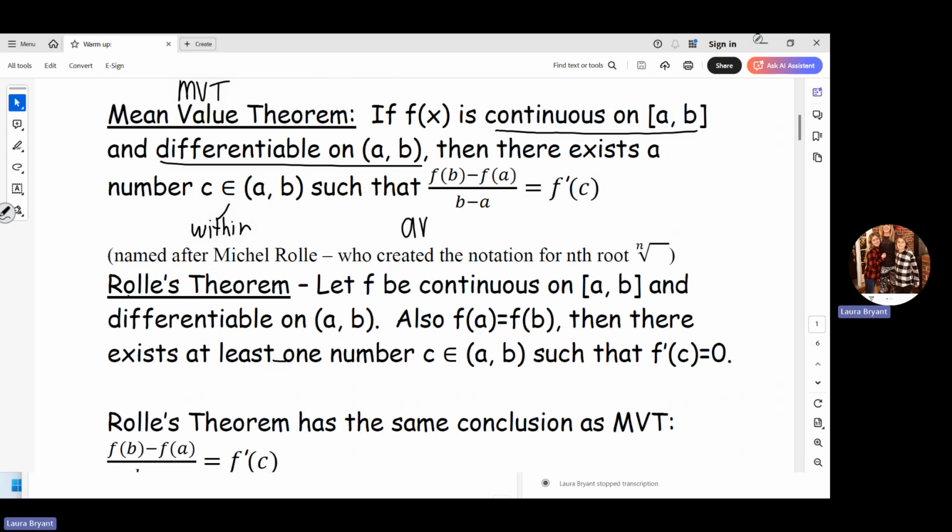Another way to say this is the average rate of change equals the instantaneous rate of change.